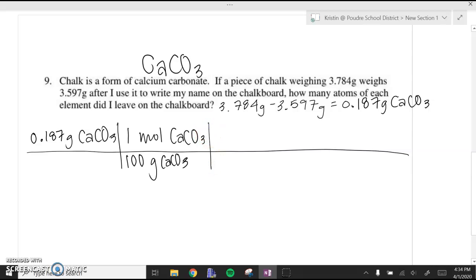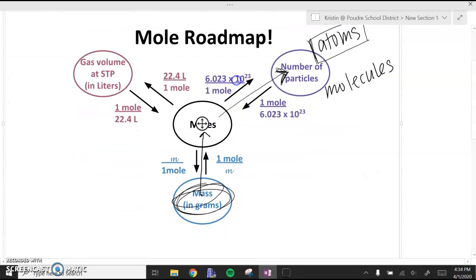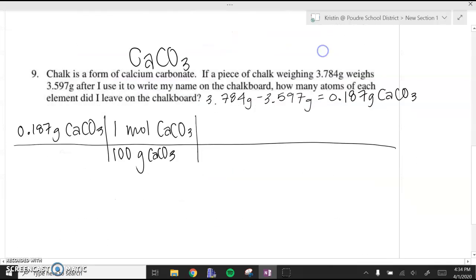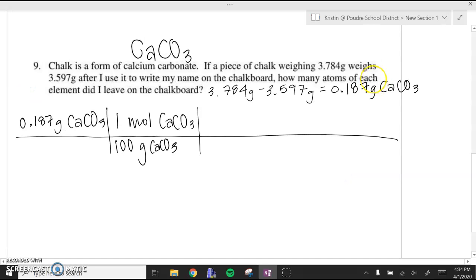And so this is cool because now we're in moles, which our mole roadmap told us that the first step to getting to the atoms was going to be to go to moles. Now, since it's asking me atoms of each element, I'm going to need to do a calculation for calcium, carbon, and oxygen.